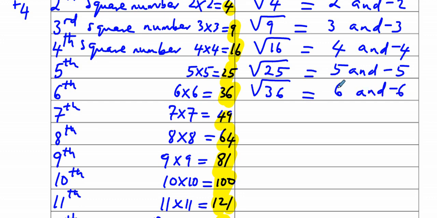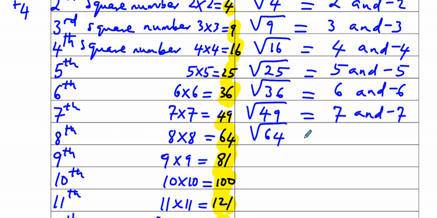Because 6 times 6 equals 36. Likewise, -6 times -6 equals positive 36. The square root of 49 will be equal to 7 and -7. The square root of 64 will be equal to 8 and -8.